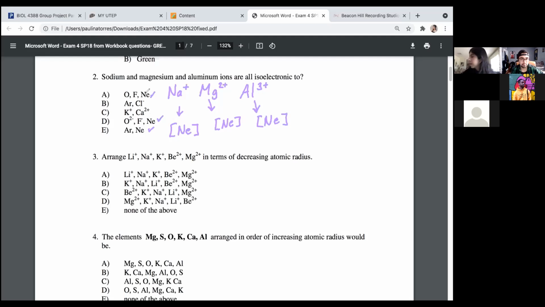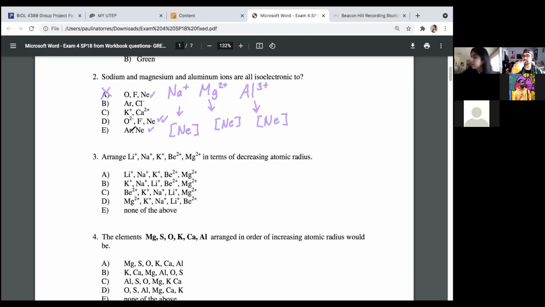So if we look at neon, fluorine, and oxygen, are oxygen and fluorine isoelectronic to neon? No. Okay, so what about the fluorine ion and the oxygen ion? Yes.